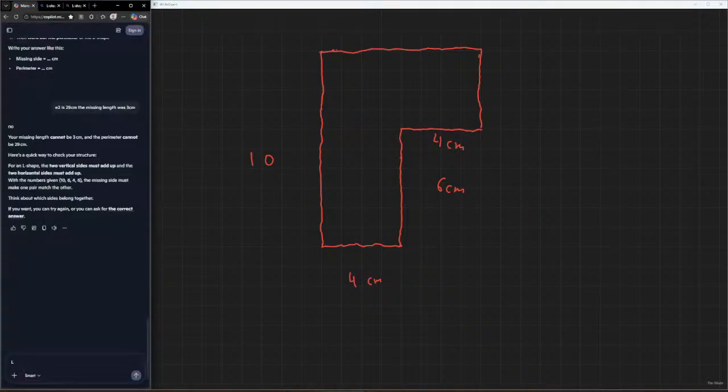So we have 1, 2, 3, 4 numbers. So this one is 6, this one is 4, and then if this is 6 and this line is 4, then this and this is 4, and this should be 4, 5, 6, 7, 8.